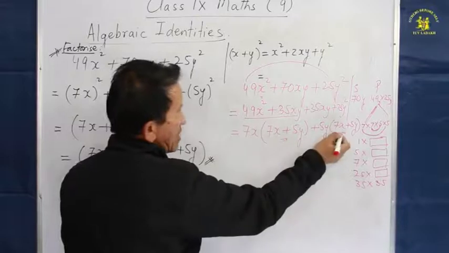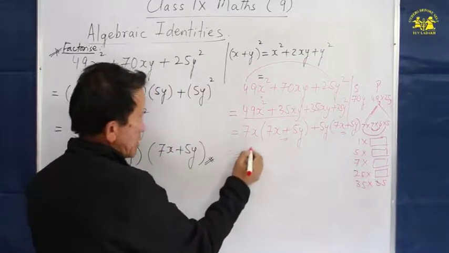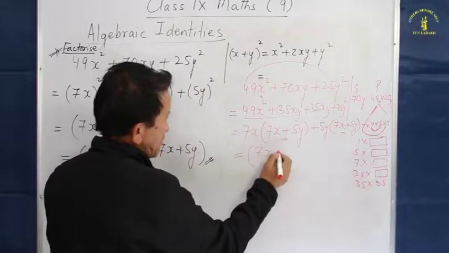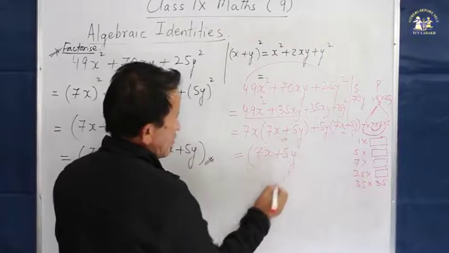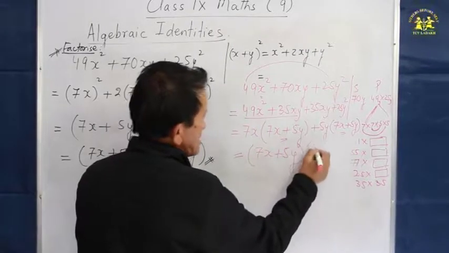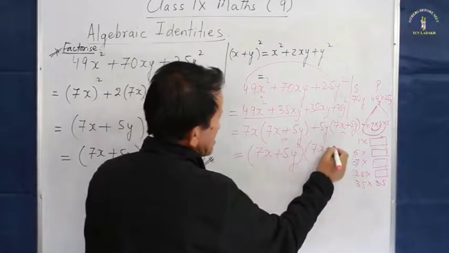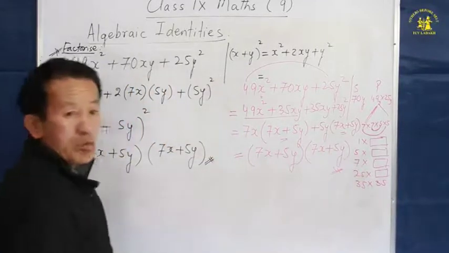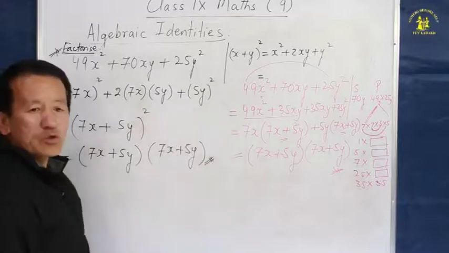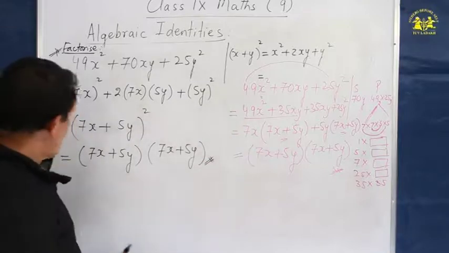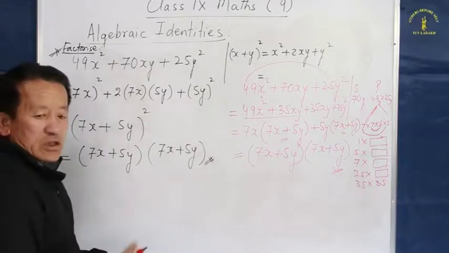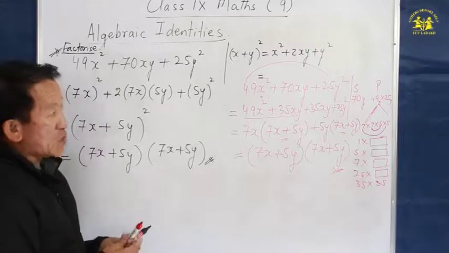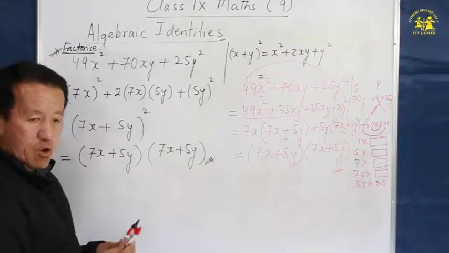So the terms inside the bracket are the same. The common factor is 7x plus 5y, so we get 7x plus 5y into 7x plus 5y. So this is the second method. We can also do the shortcut. Now I'm not going to do the third one. You can try it as your homework.